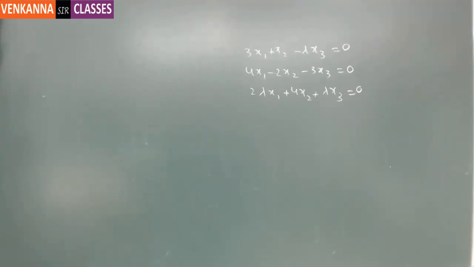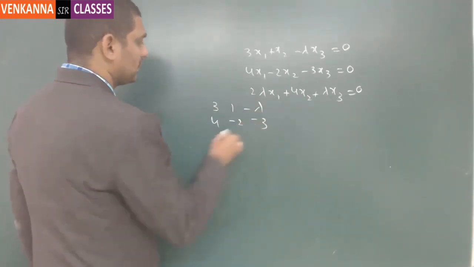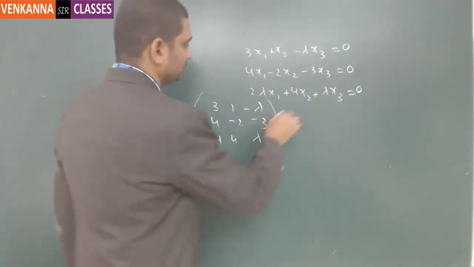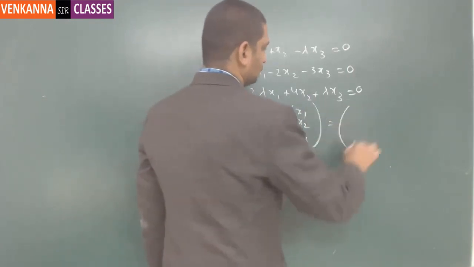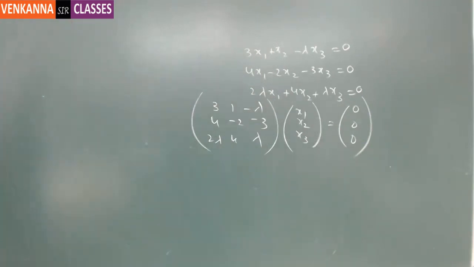If you have written the matrix form, let me say 3, 1 minus lambda, 4 minus 2 minus 3, 2 lambda, 4 lambda. So this is the equivalent matrix system for it.